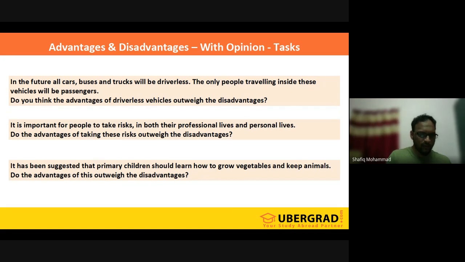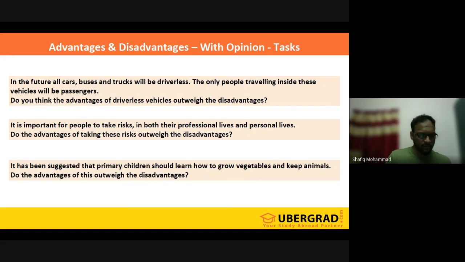There will be only commuters in the cars without any driver. According to my research, there will be more positive effects than drawbacks. Okay, Krishna has done it, and Vardhan's one.